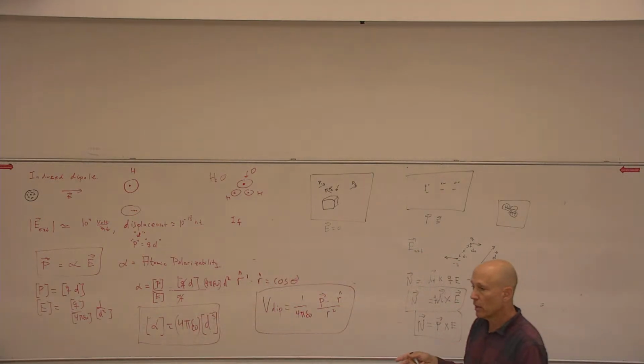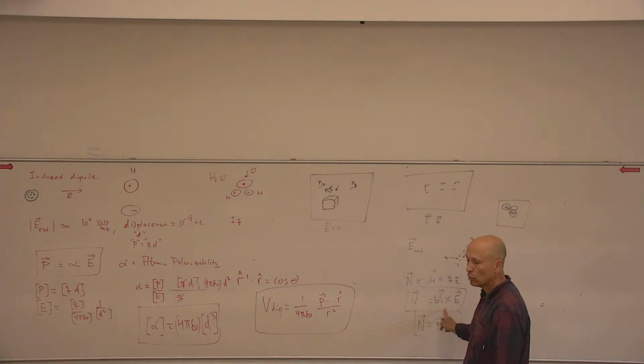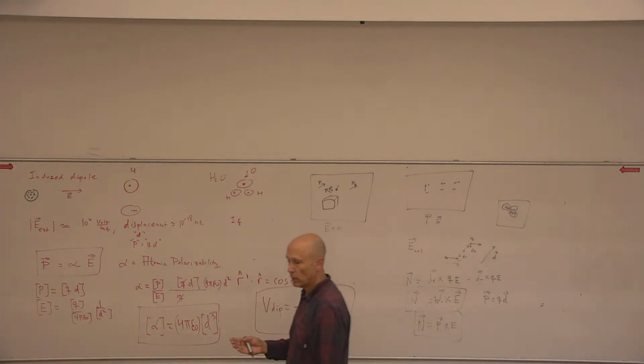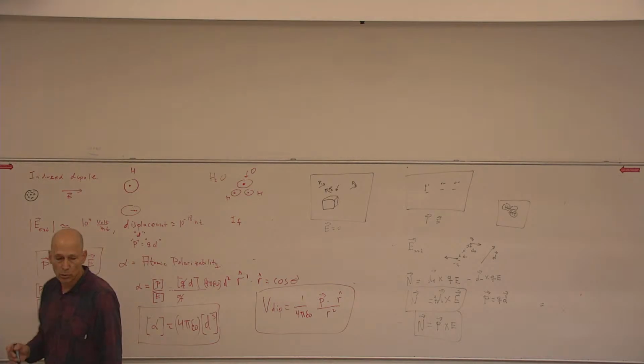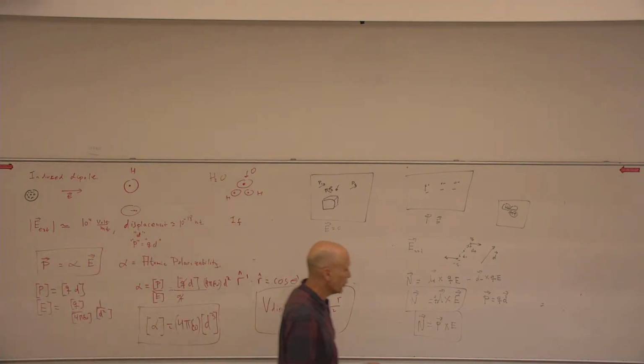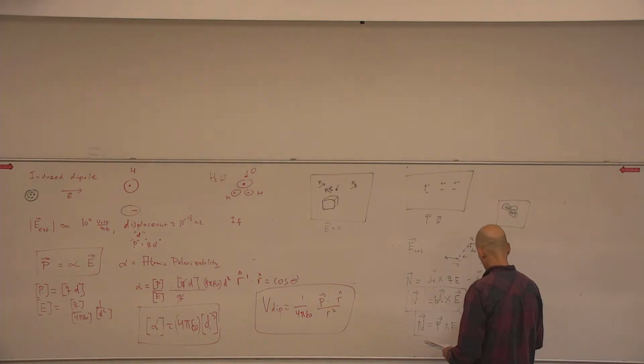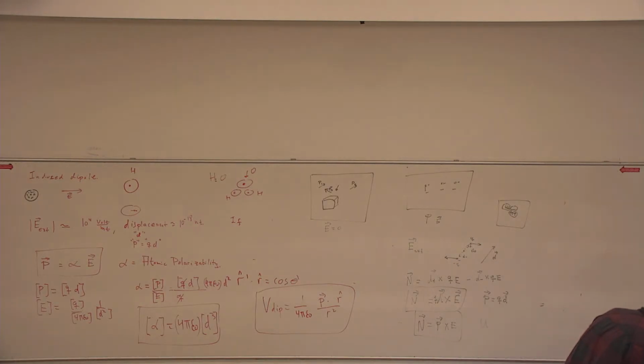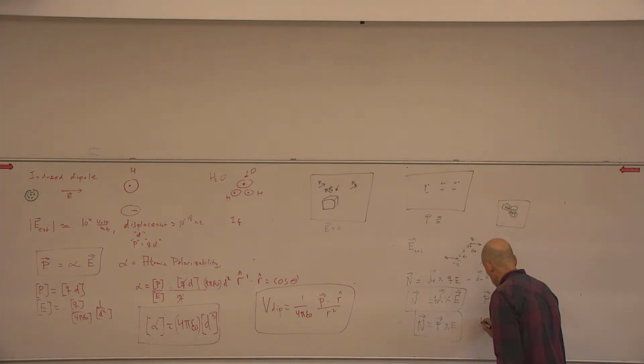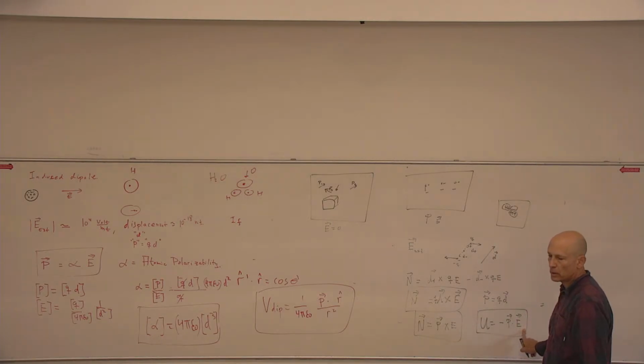The integral of sine theta gives you cosine theta. So when you do this, you get this simple and well-known formula for the potential energy of this object. If you don't know this, it's very important, you should read about it in ChatGPT or whatever. This is the potential energy of this object in this electric field.